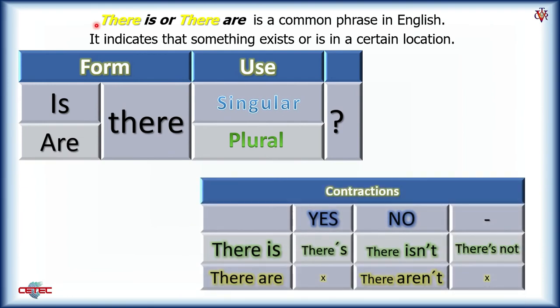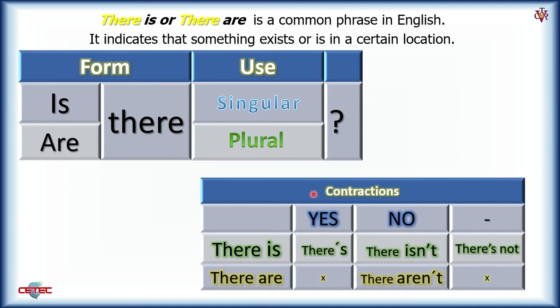Let's do this review. There is or there are is a common phrase in English that indicates that something exists or is in a certain location. In interrogative form, let's see, we use is there and a singular item and question mark. Are there plural items or articles? Then question mark.